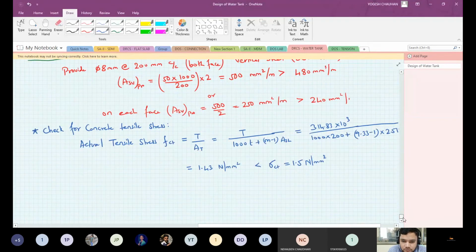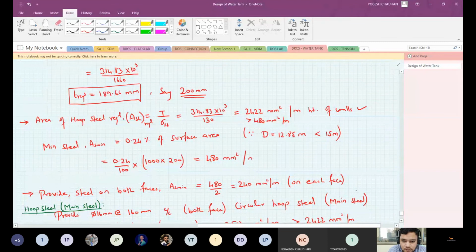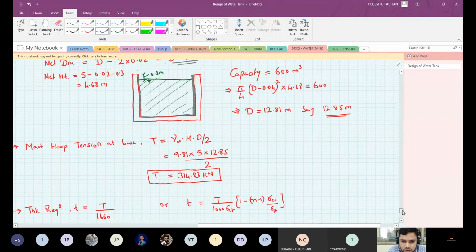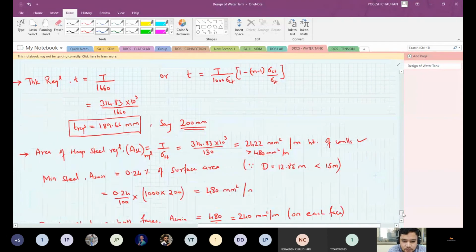But when you use this formula for the thickness required, they indirectly consider the permissible stresses. So whatever the thickness required based on the permissible stress, you have already considered. So when you use these formulas, you can skip the check, but ensure that the thickness provided is more than the required thickness based on this formula.